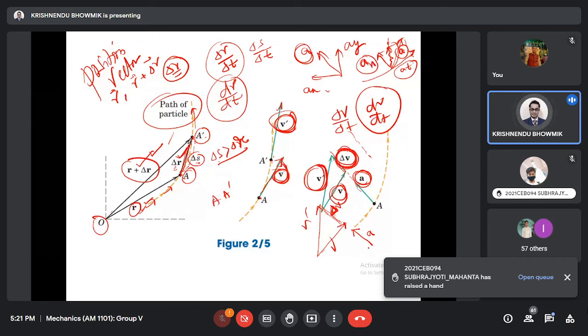Now this acceleration can have two parts. I can decompose it into two parts like ax and ay in the x and y coordinates. Or we can decompose it into tangential acceleration and normal acceleration.